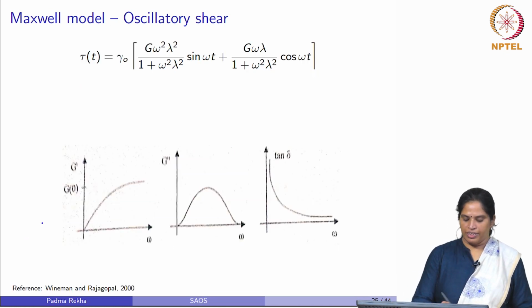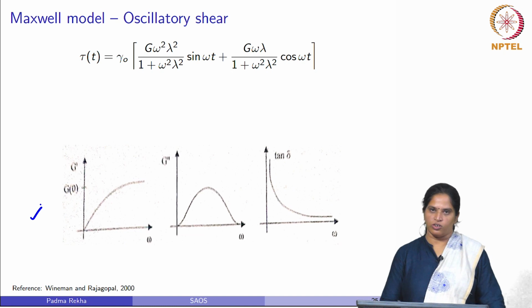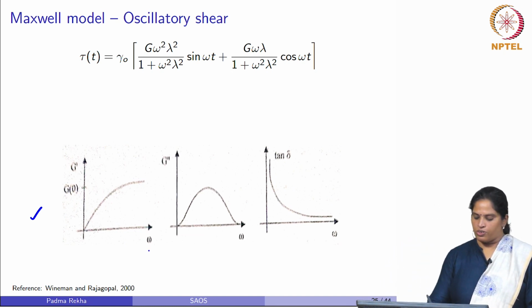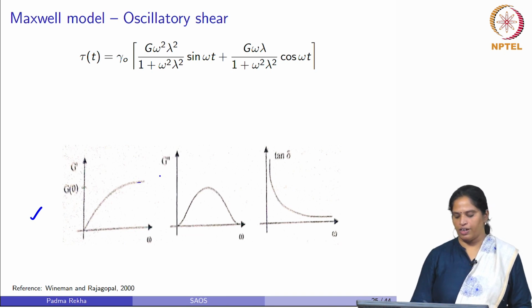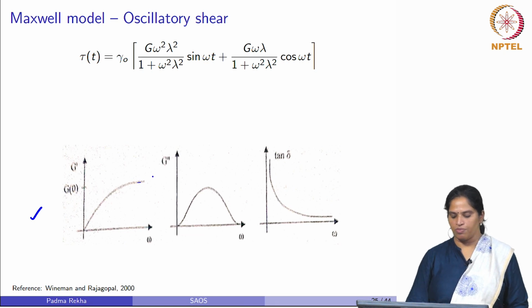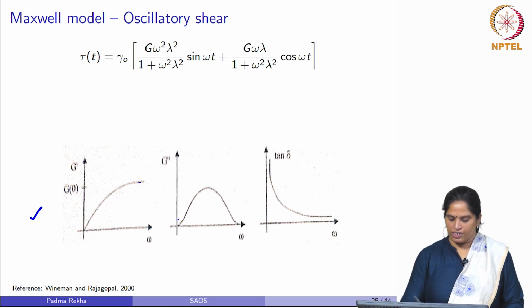This is how the trend looks as you test across different frequencies. The modulus value increases as the frequency increases. You can see the increasing trend of the storage modulus, which consistently increases and reaches a steady value when you test at high frequency. In the case of the loss modulus, as the frequency increases, you see an increasing value initially, and then as the frequency increases further, you see a decreasing function.